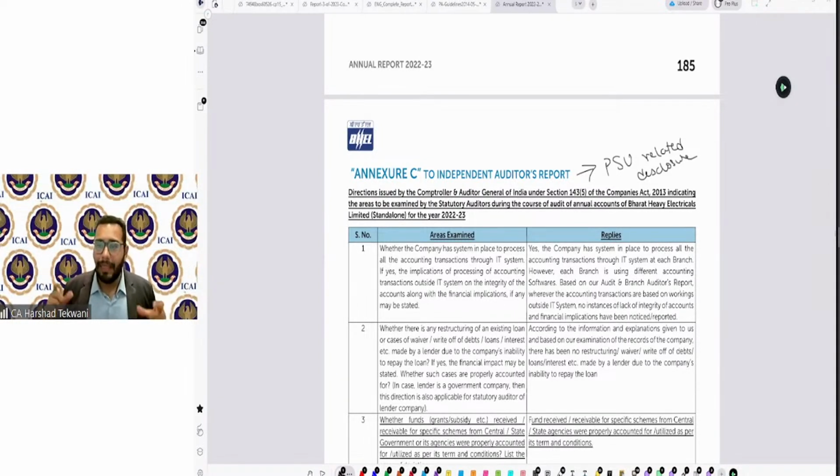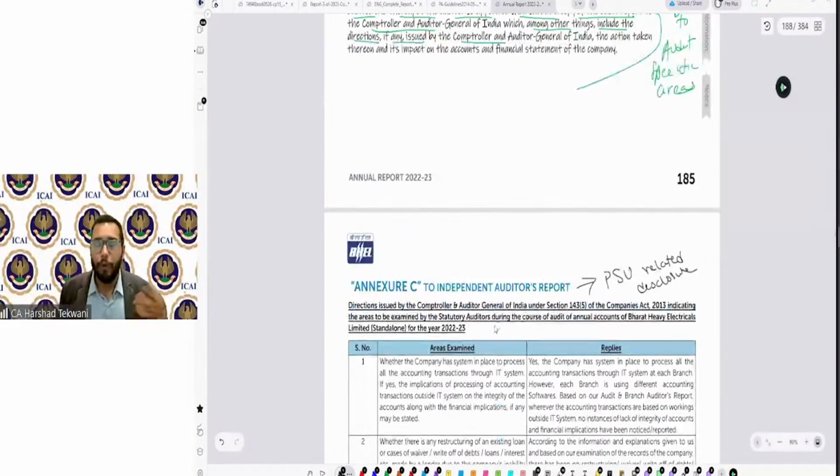Let's say, for example, a company was producing some goods. During production, the company used input and a lot of scrap was generated because of incorrect configuration of the machine. You will not make that an audit observation if it is appropriately accounted.